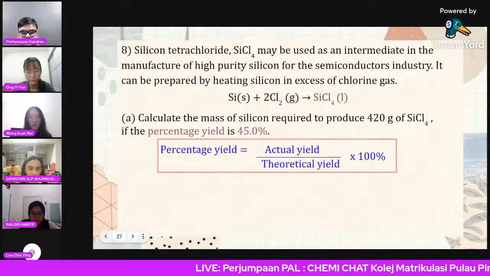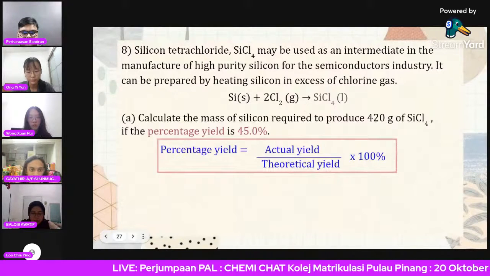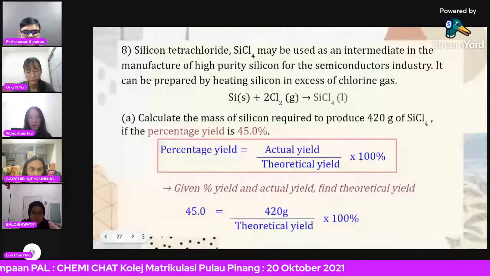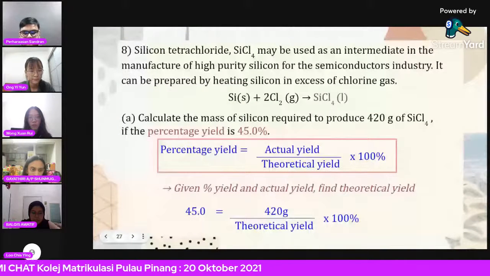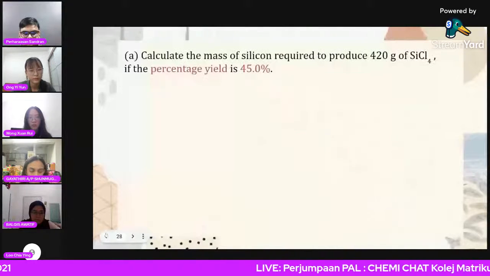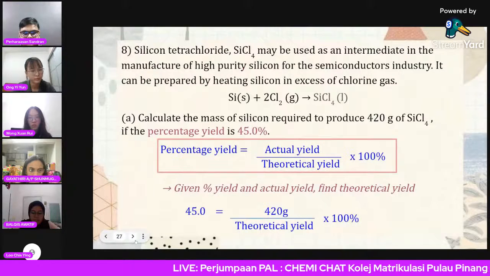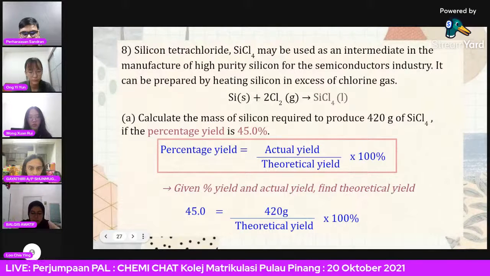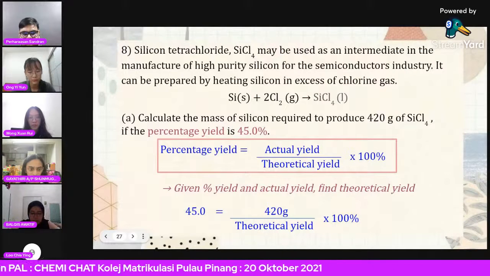The actual yield of silicon tetrachloride given is 420 grams, while the percentage yield is 45%. So we have to calculate the theoretical yield by applying this formula. 45, which is the percentage yield, equals 420 grams, the actual yield, divided by the theoretical yield times 100%.